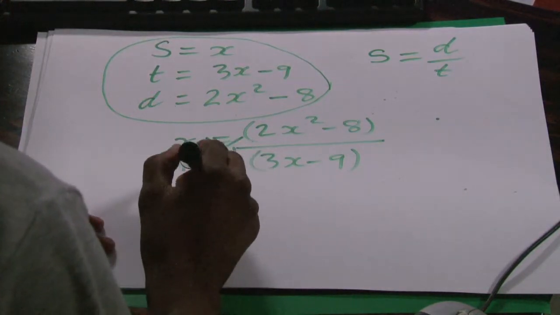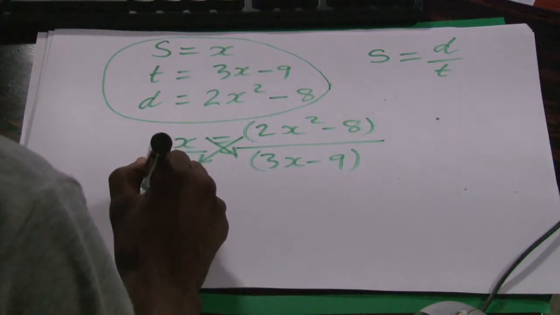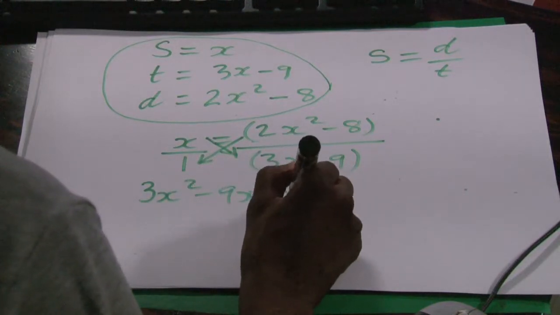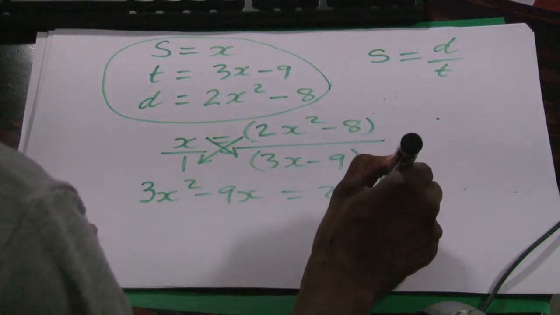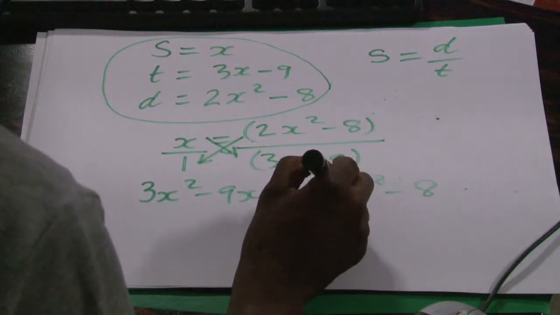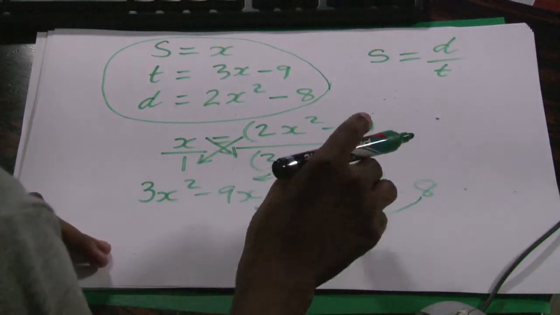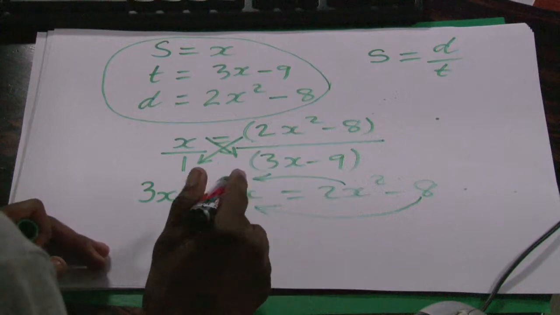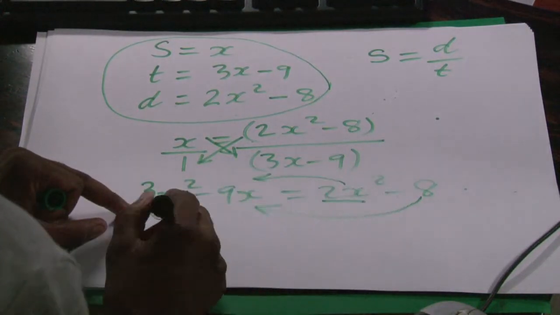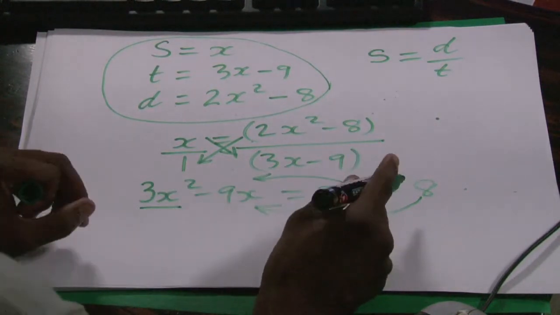So what you're going to have after you have done everything is that we will have 3x squared minus 9x equals to 2x squared minus 8. That's what we'll get. Collect like terms. Move everything to the other side, because on this side we only want 0. So then it will have like terms, which is now going to be 3x squared minus 2x squared.